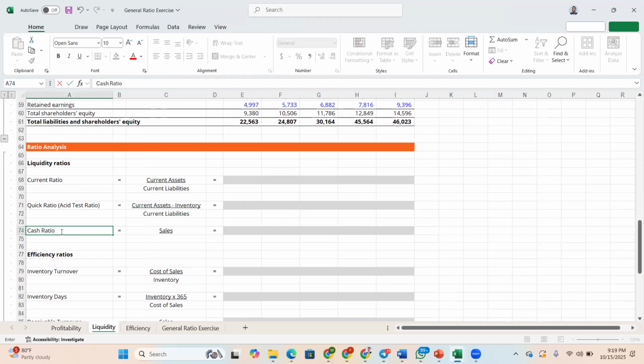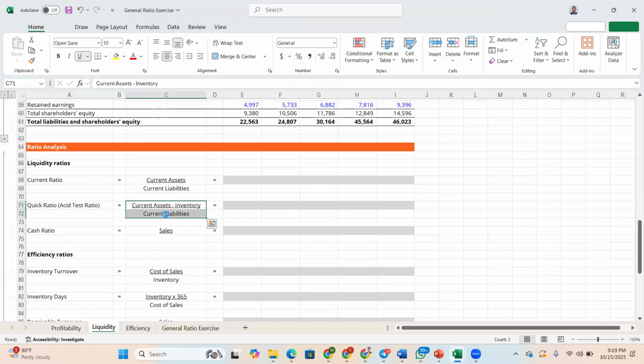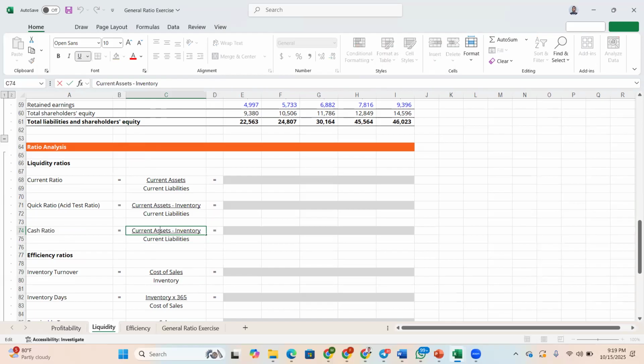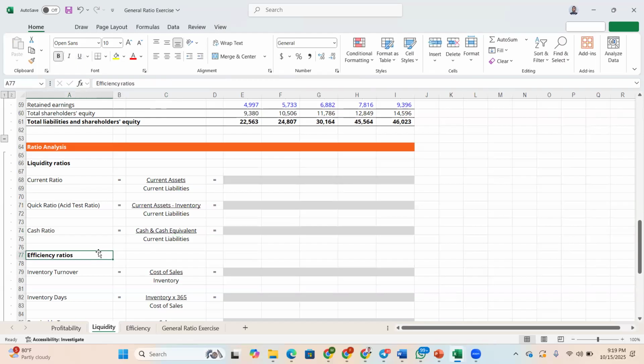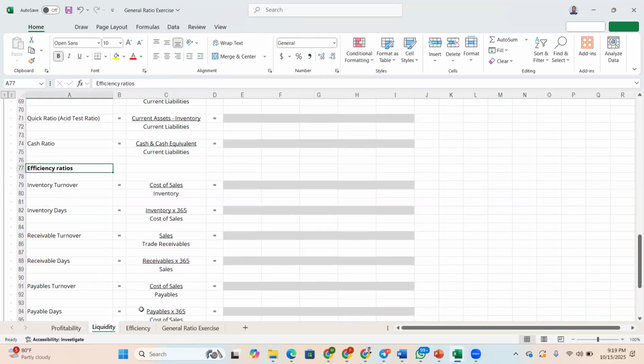Our cash ratio is cash and cash equivalents over current liabilities.